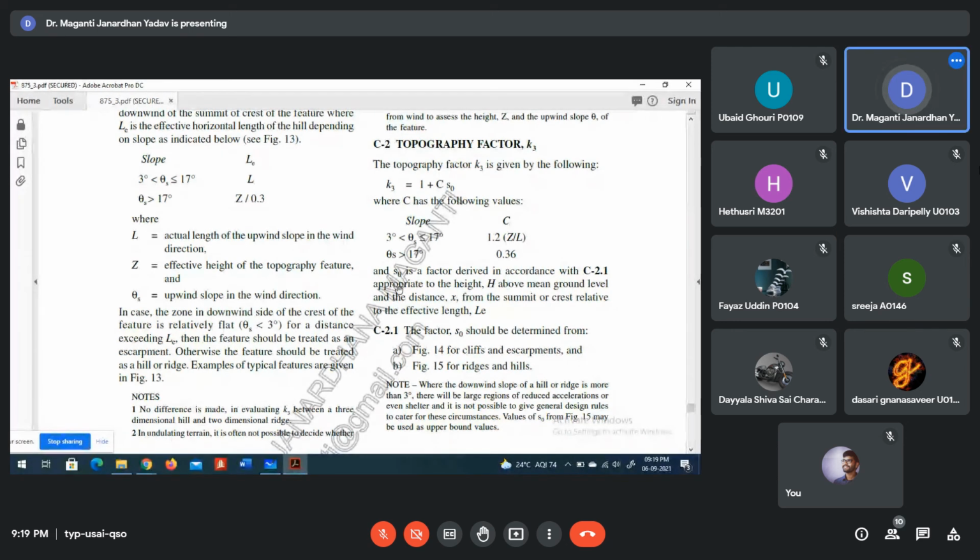Can I get theta? The slope is 1 in 5, so theta is tan inverse of 1 by 5. What is the value of theta?